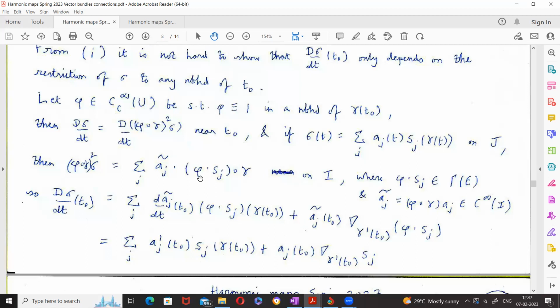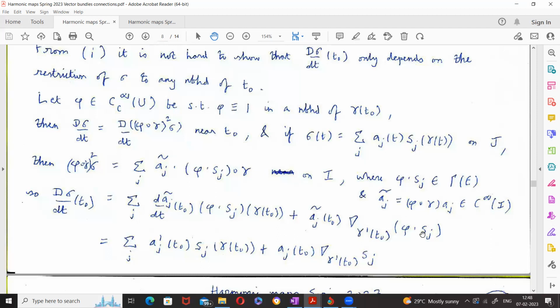So now by the compatibility property of the connection, this phi times sj is a global section, right? So this composed with gamma, its covariant derivative will be given by applying the connection nabla in the direction of gamma prime of t naught to this global section phi times sj.